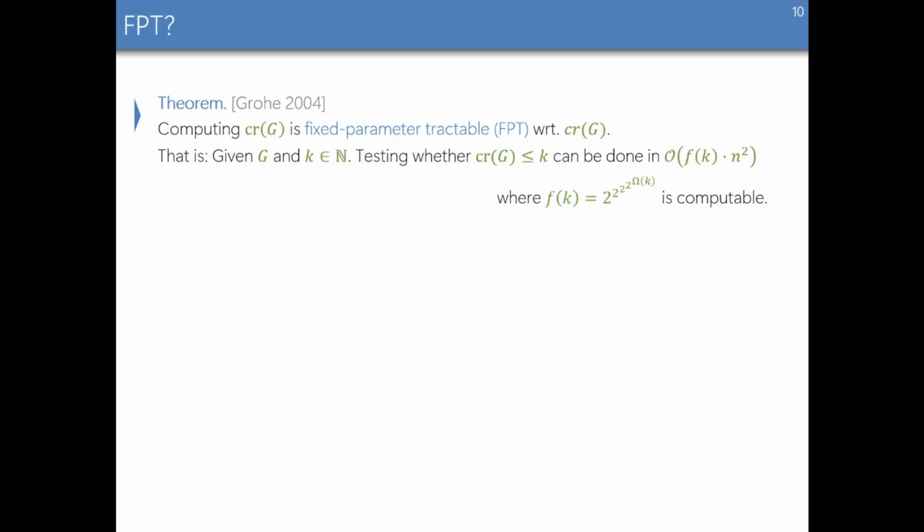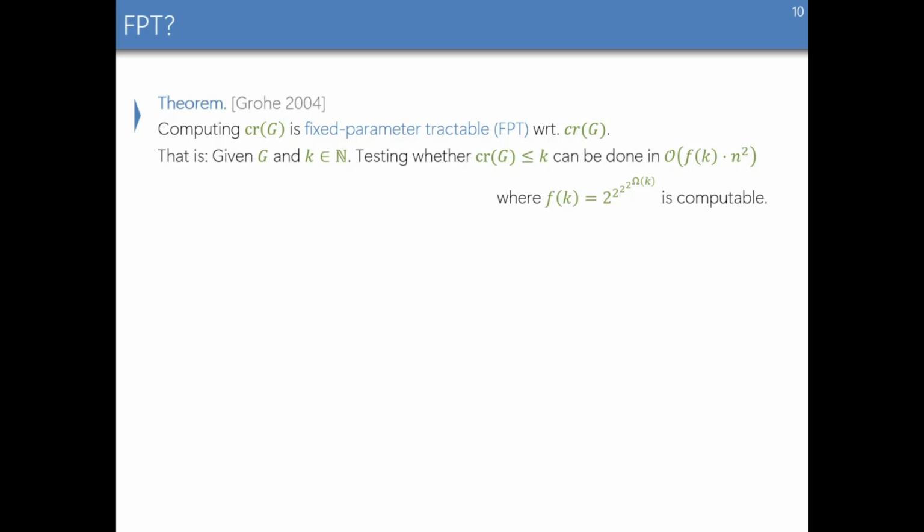So we can test whether a graph has crossing number at most k in a running time f of k times n squared. That's what Grohe showed. As long as f of k is computable, that means that you have a fixed parameter tractable problem.